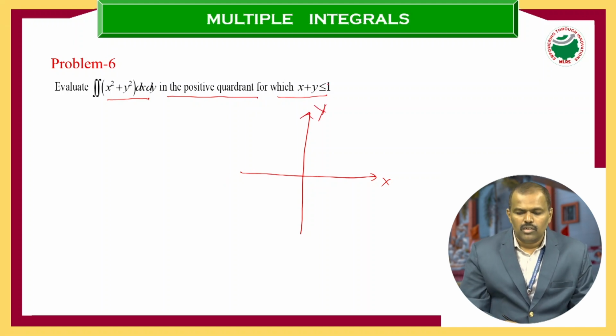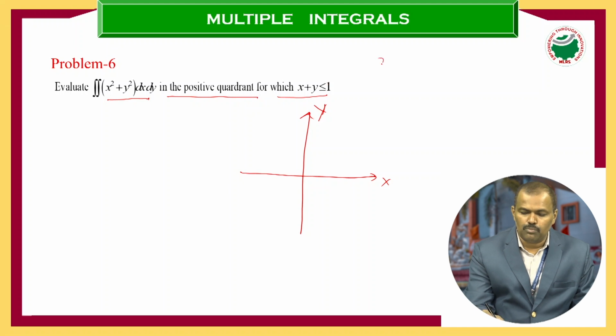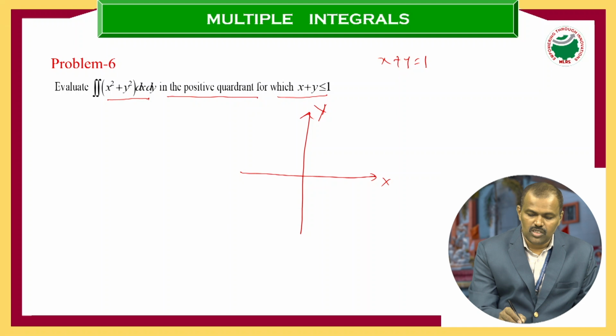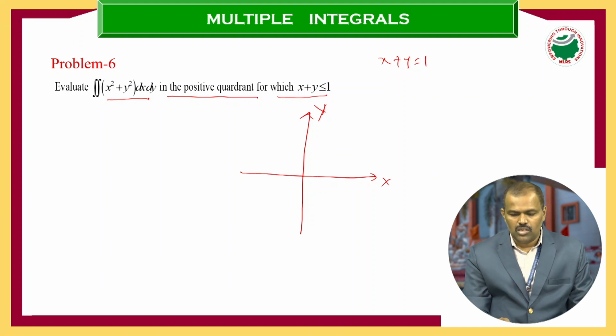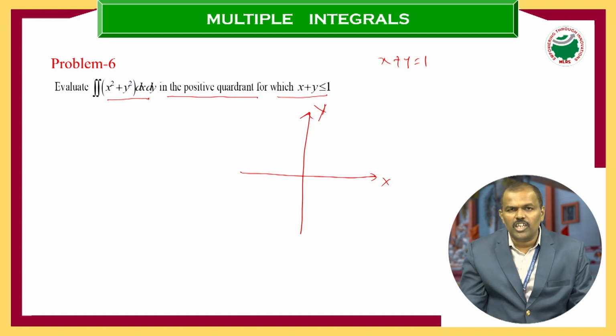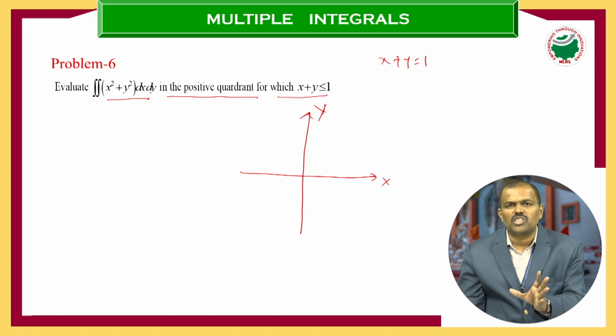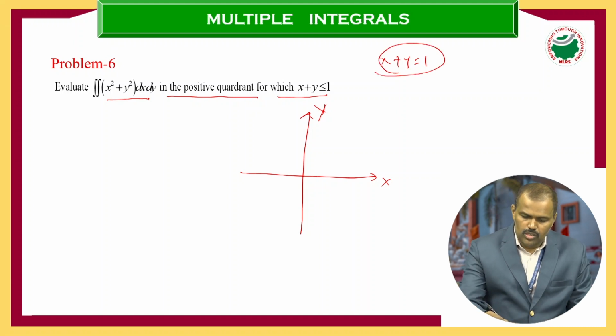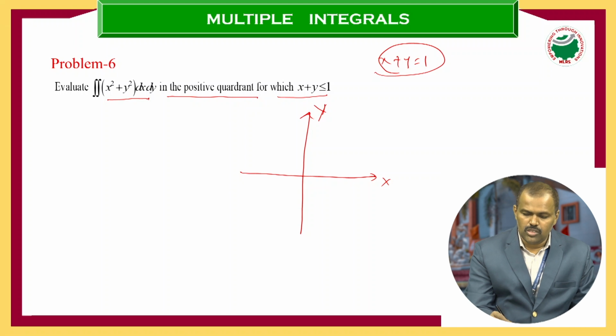Then we get 0 plus y is equal to 1, that implies y is equal to 1. So this point is 0 comma 1. On the x-axis the point is 1 comma 0, on the y-axis the point is 0 comma 1. The line joining these two points is represented by x plus y is equal to 1. When I draw the line joining these two points, this is the line x plus y equal to 1.